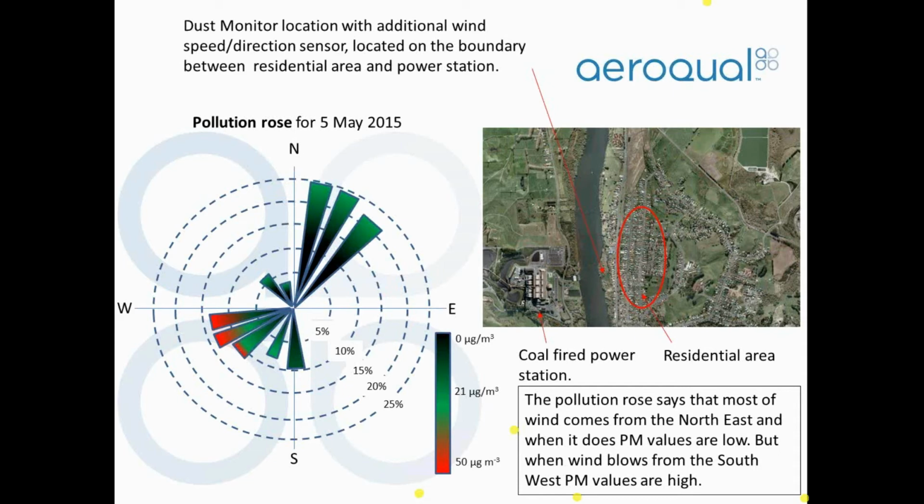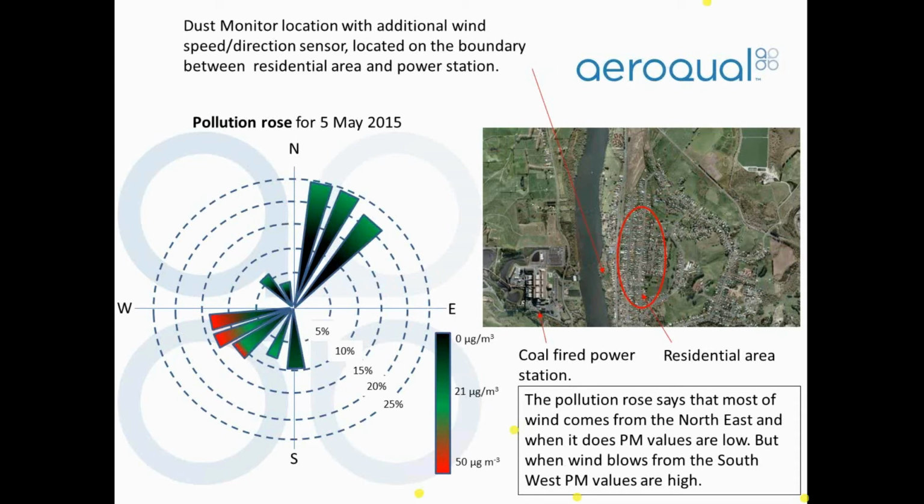What this allows us to do is to present data in a fairly easy to understand way. If you look at the pollution rose here, it tells you that most of the wind for the 5th of May came from the northeast. That's the abundance of wind coming from the northeast.